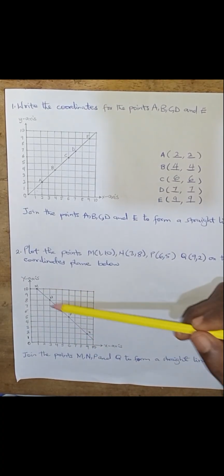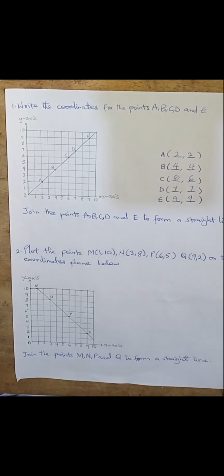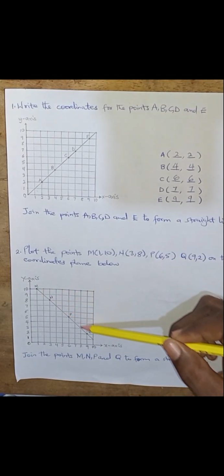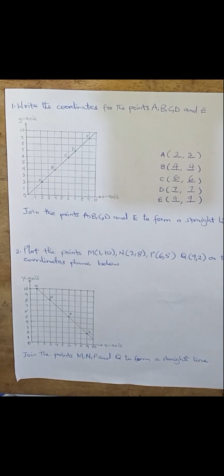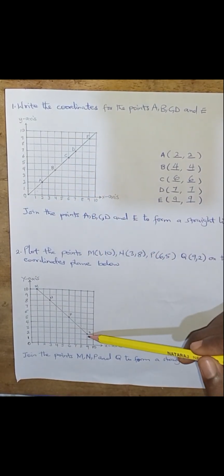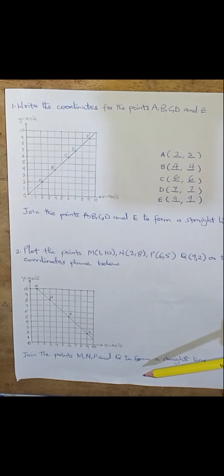We have this slanted line. Okay, so the line through these points is called a line graph. This is also a line graph because for the plotted points, we can just draw a line through them.